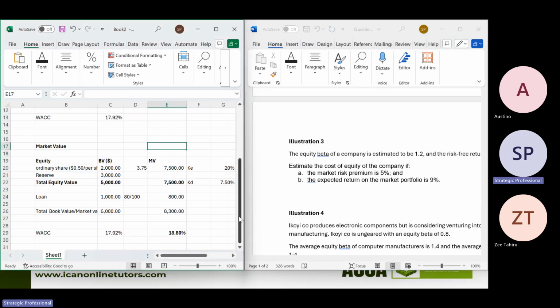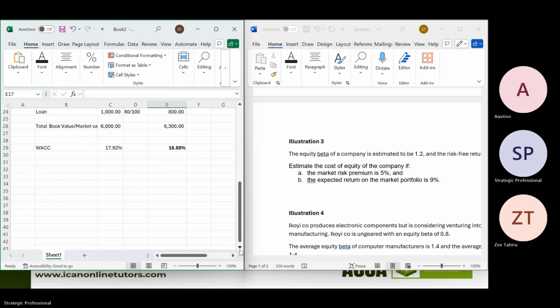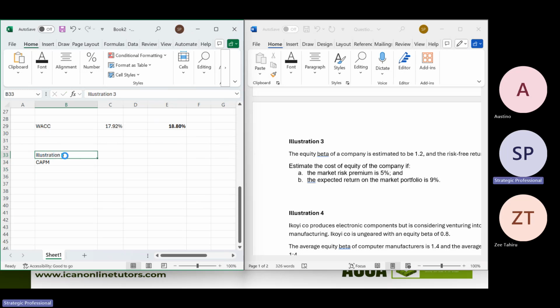Okay, let's just quickly solve this down here. I know we said, what's the formula for CAPM? Using illustration 3. What do we say the formula for CAPM is again?